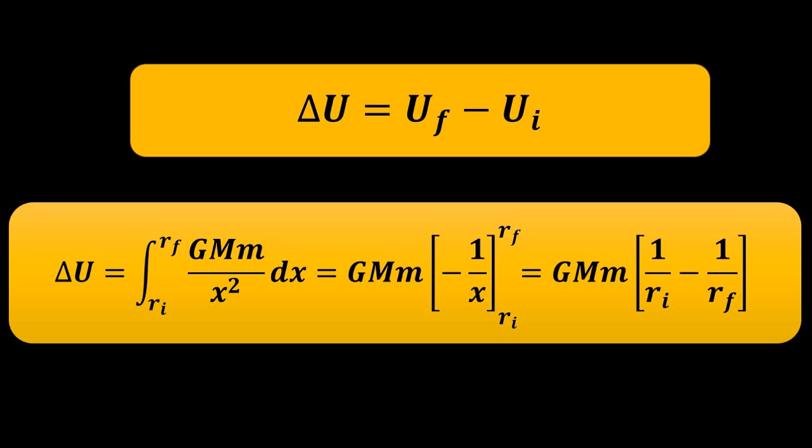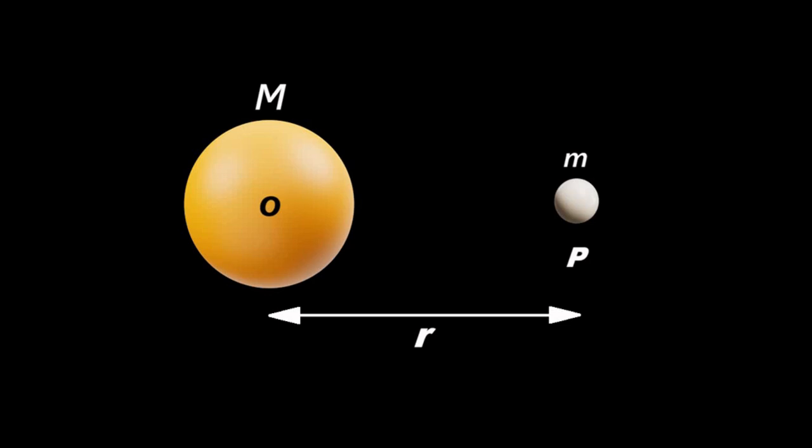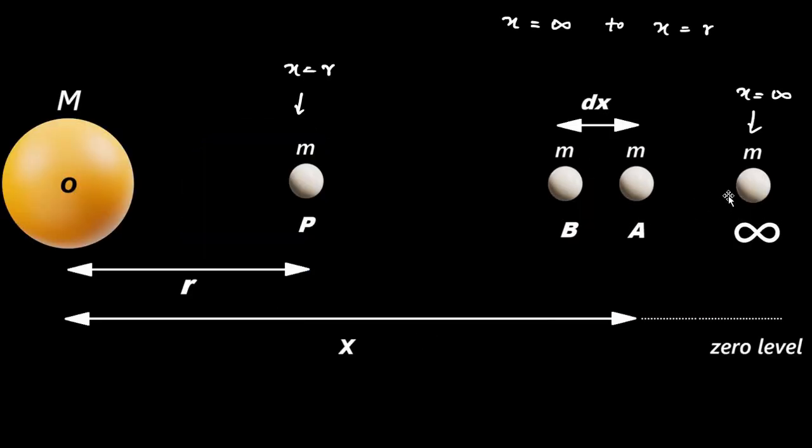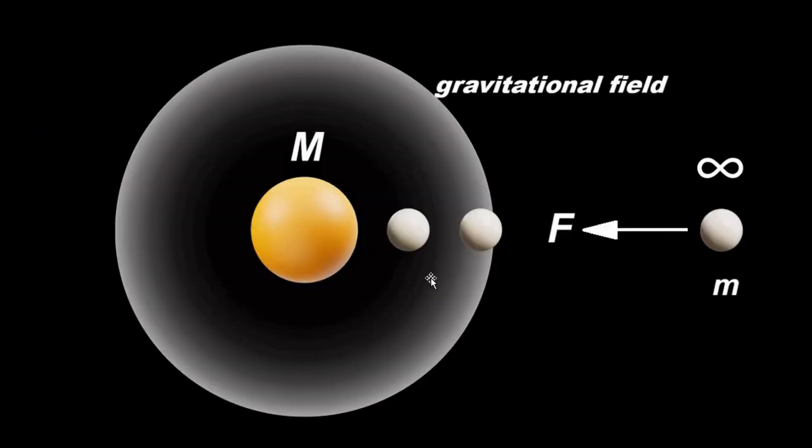So this is the concept of gravitational potential energy. Summing it up, the gravitational potential energy is the total work done in bringing a mass m from infinite separation to a certain point within the gravitational field of a certain mass.